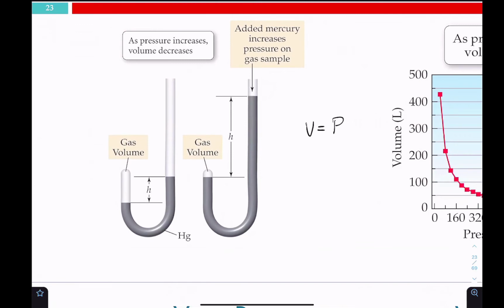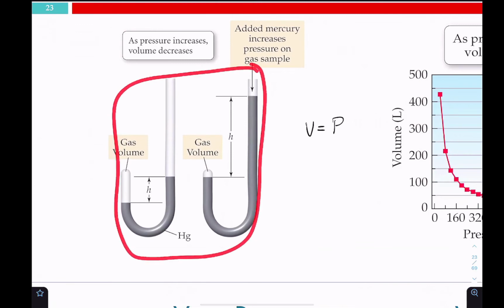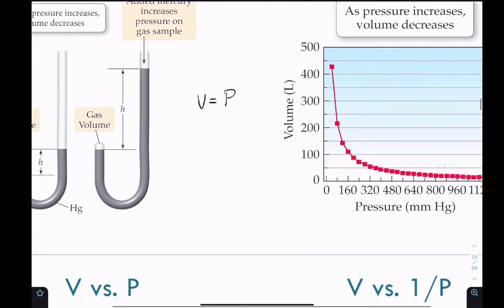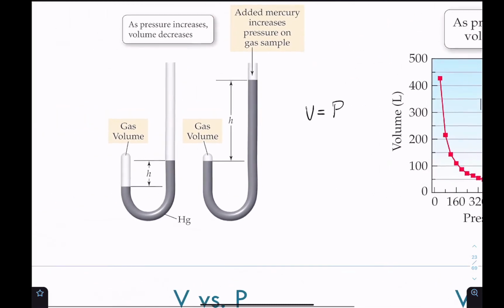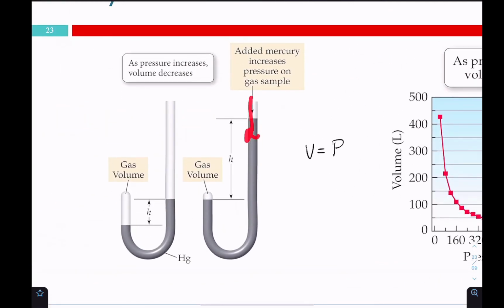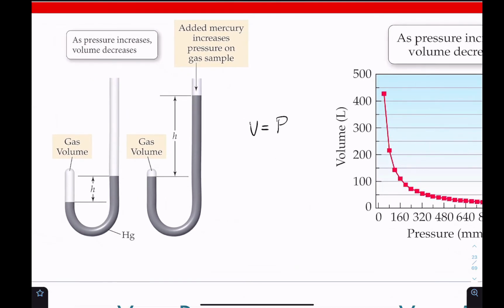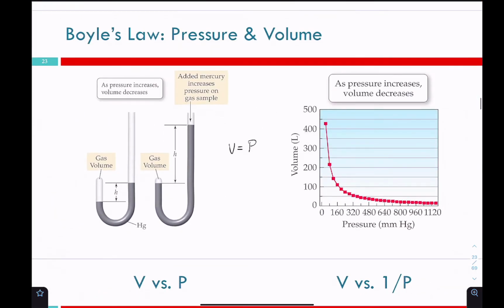Yeah, it is, but this is not the exact same experiment here, because this is 400 liters. Yeah, but that is the idea here, is that as you add mercury to the top, then it decreases the volume on the left side. Yeah, you could also use this inside of two ways to do the same experiment. So you're measuring the height here, and that's the difference in pressure.